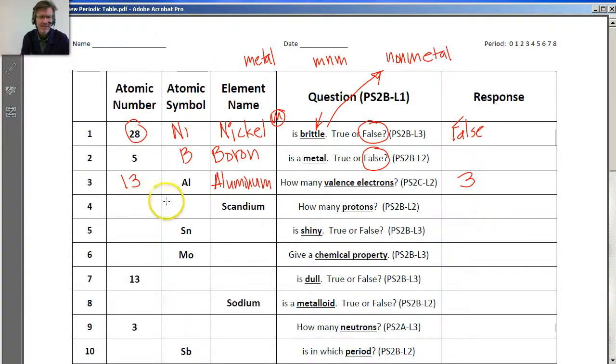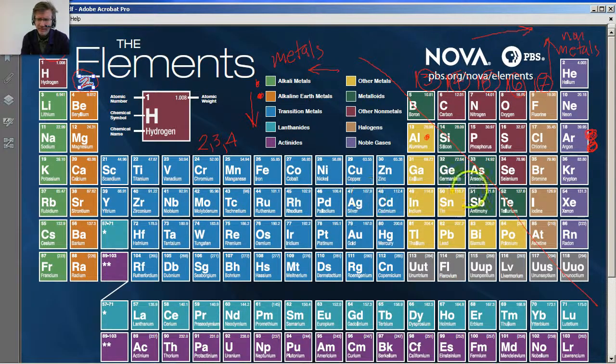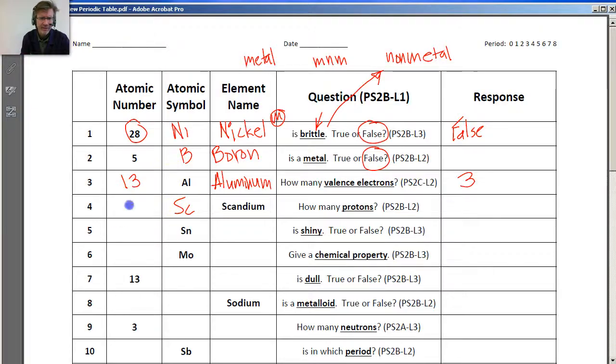All right. Scandium, SC. Where is it on the table? Over here. It's got atomic number 21. Remember that atomic number is the same as the number of protons. So atomic number equals number of protons.